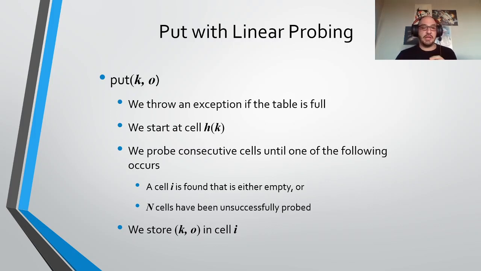It has to start at the cell h of k, and then start probing consecutive cells until one of the following occurs: either the cell that I found is empty, and I can store in that particular one, or all of the cells have been probed and none of them is empty, in which case the table is full.